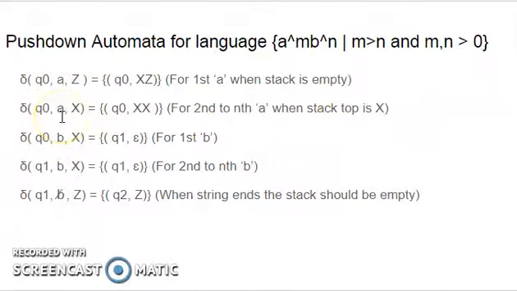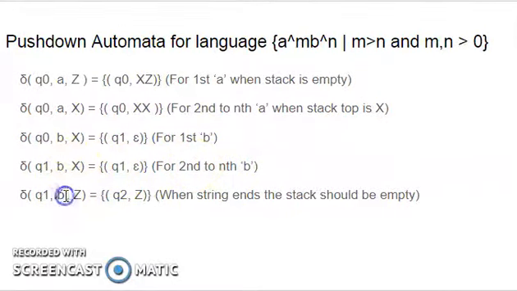For next a, when stack has some element, push one more x when you read an a. When you start reading b, you have to pop. I hope this is clear till here. It is same as a raised to n, b raised to n till this step.